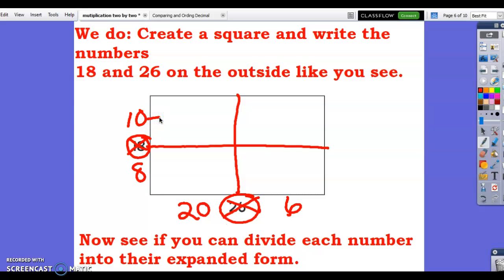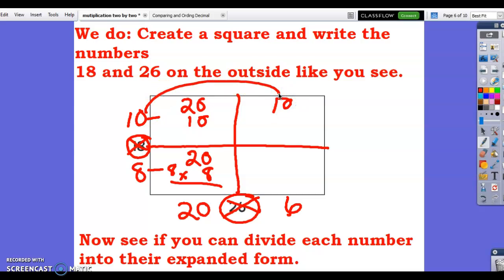So this is going to be your 10, this is going to be your 8, and it's 20 for each one of those. 20 times 10 and 8 times 20. And then this is going to be 10, because I go all the way, 10 times 6, and this is 8 times 6.